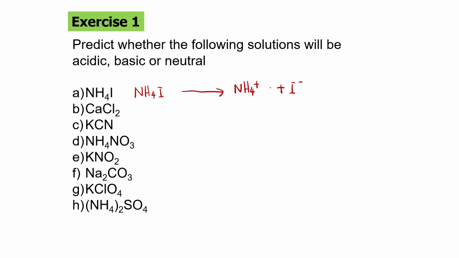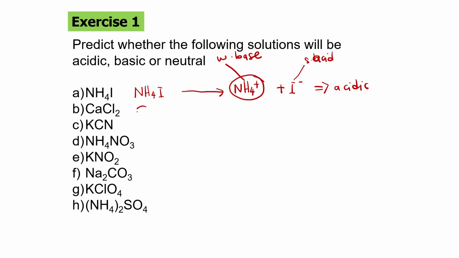Jadi NH4 plus dia daripada weak base, manakala I minus ini dia datang daripada strong acid. Dia strong acid dengan weak base, di garam ini dia akan bersifat apa? Dia bersifat acidic.